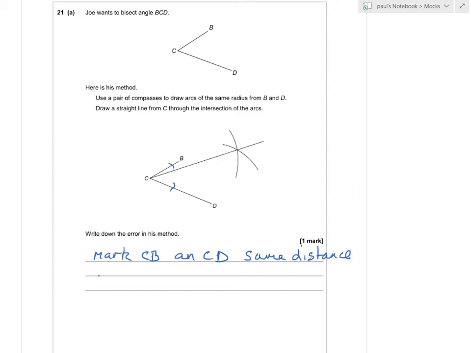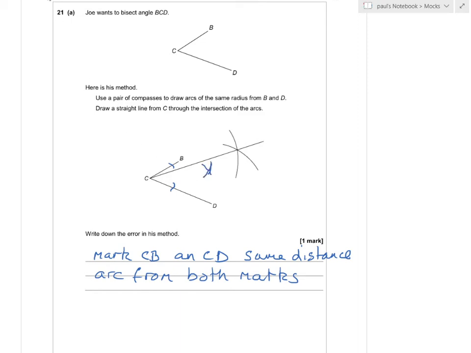And then arc from both marks. So they could have run an arc there and then an arc there. That's getting in the way now, isn't it? Like that.